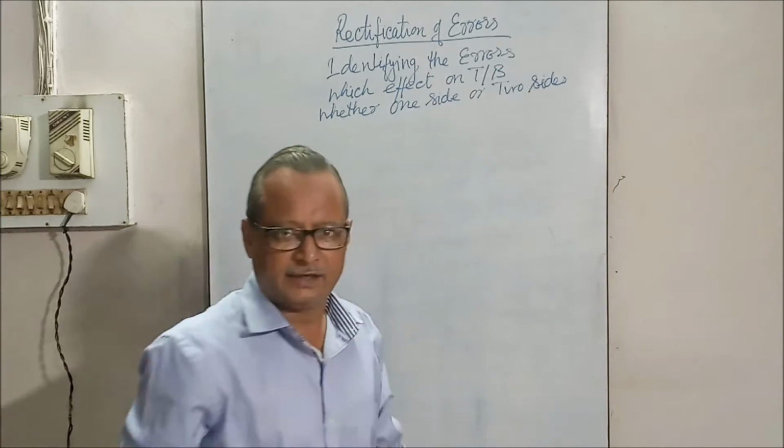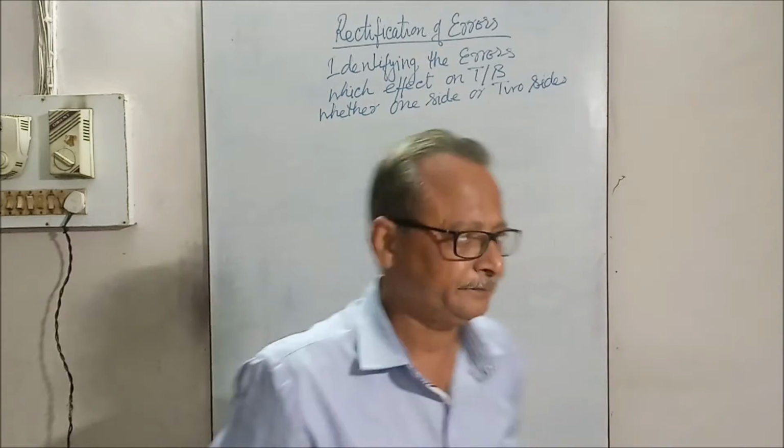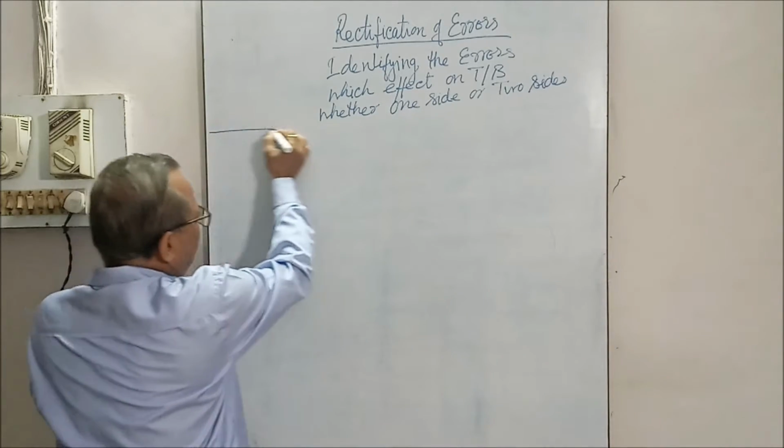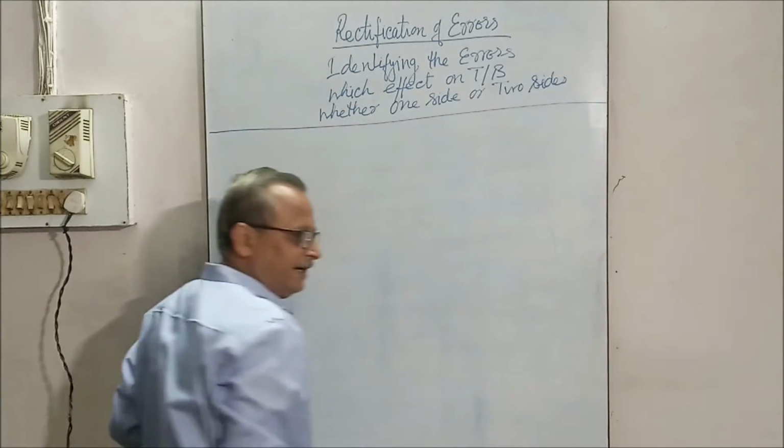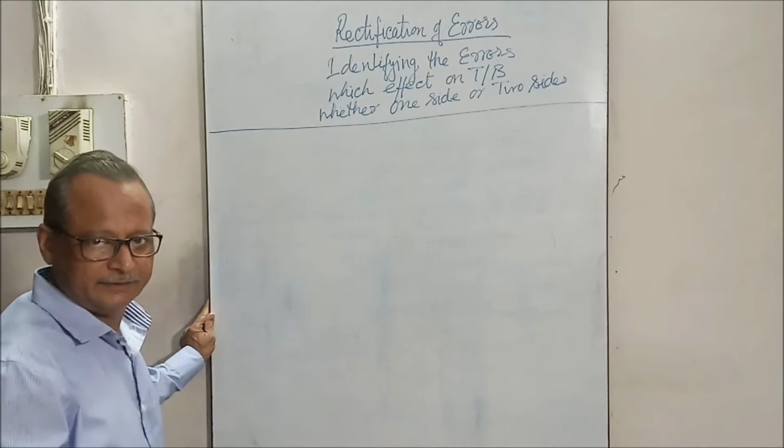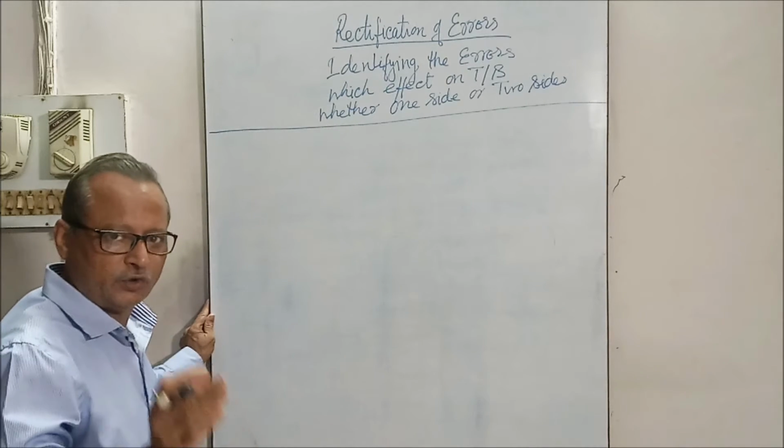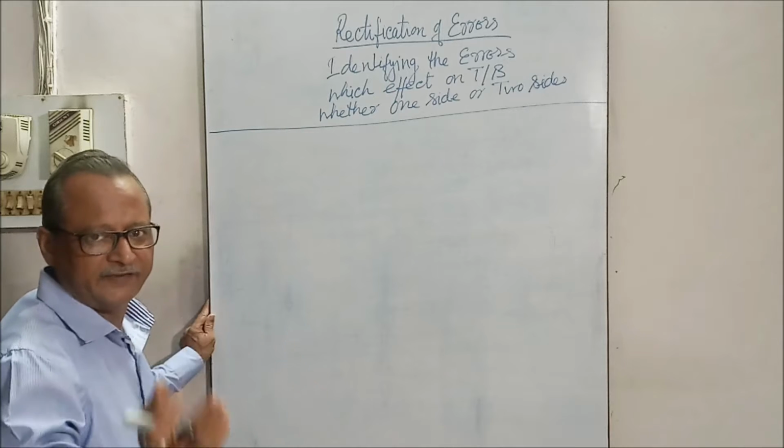As you know, there are two sides, debit and credit sides. Then one side means only one side has been affected, either the debit side or the credit side. And a double-sided error or two-sided error means both sides are affected.